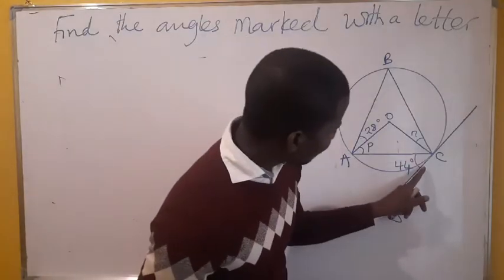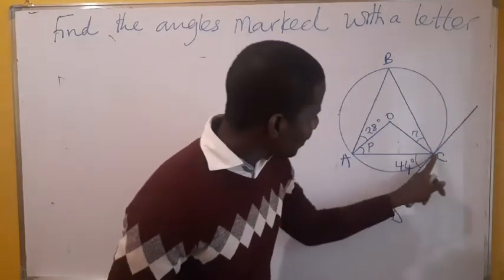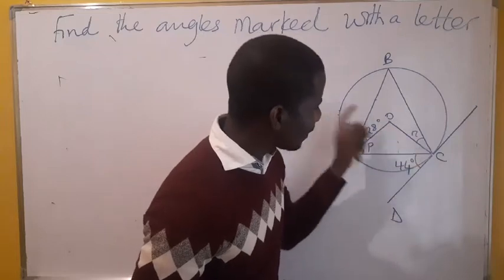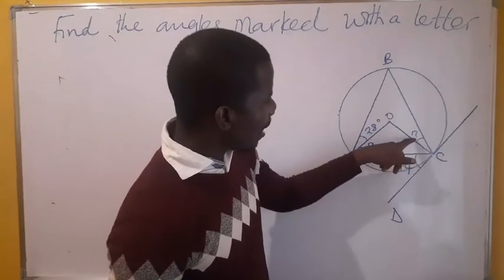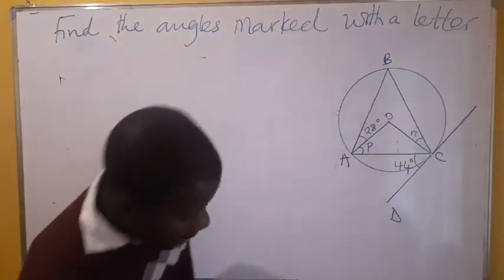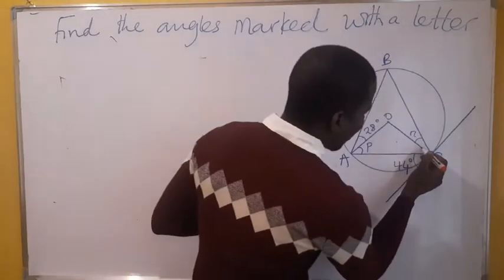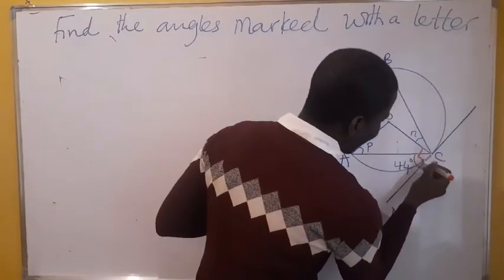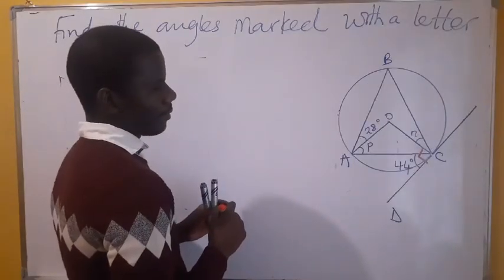We have the tangent and the radius. So what does that mean? We are given that the whole angle here is supposed to be 90 degrees. Take note of that. Okay?